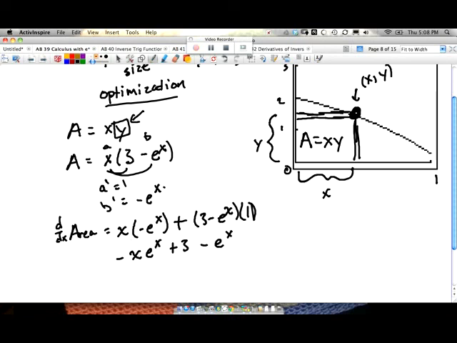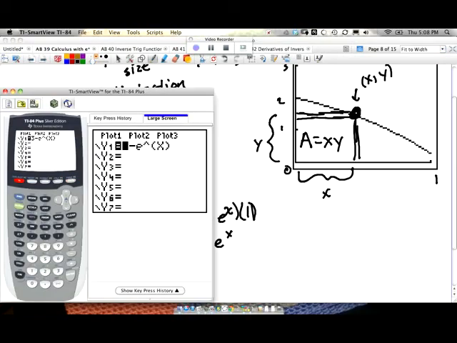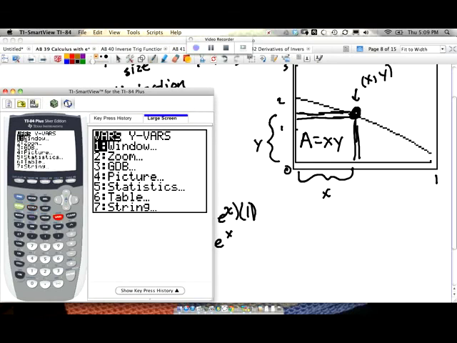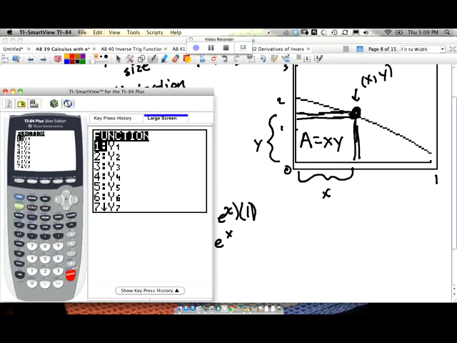And we want to make this optimization. So I could do this probably with a calculator a lot better. Let's do that. So I'm going to go up here, and this is kind of interesting. Since that's my y, I'm just going to put in here x times, I'm going to go to my vars menu, y vars, and over to function y1.